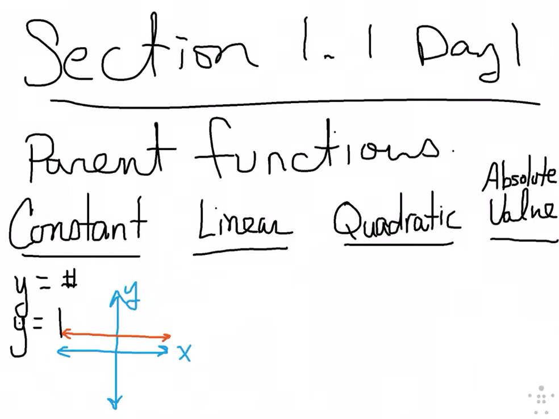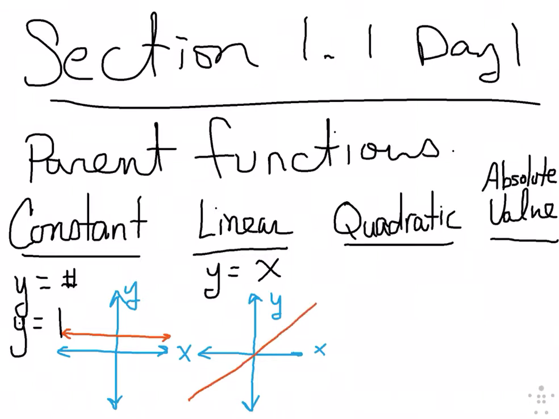As far as linear goes, linear is going to be y equals x. That's the parent function. What it looks like is a diagonal line going through the middle.